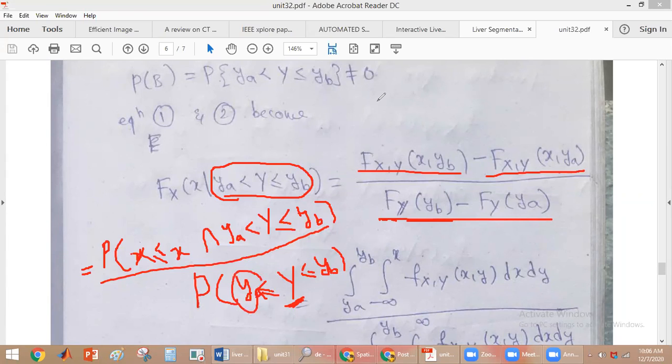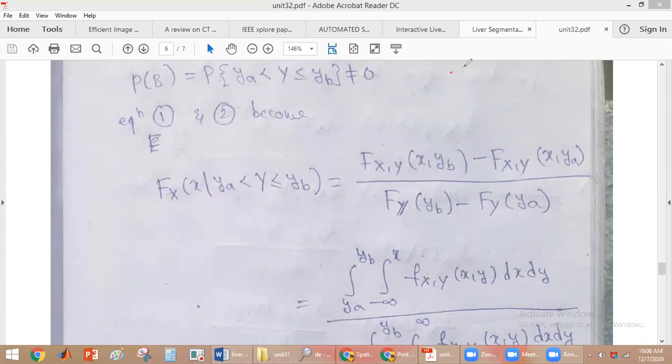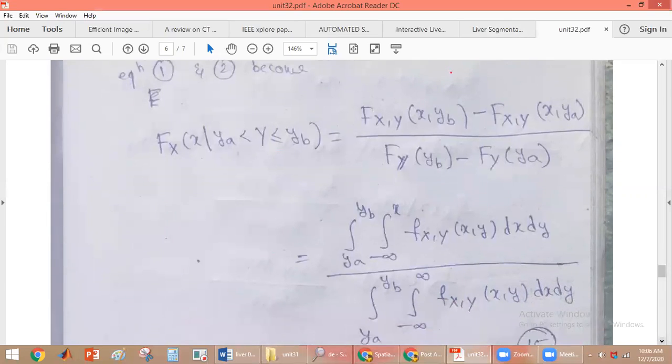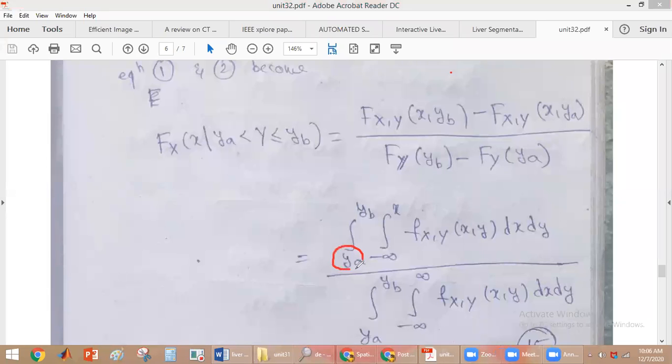Now we know what Fxy of x comma yb is. Just now we discussed the Y range is ya to yb. The x range is minus infinity to x, Fxy of x comma y dx dy.